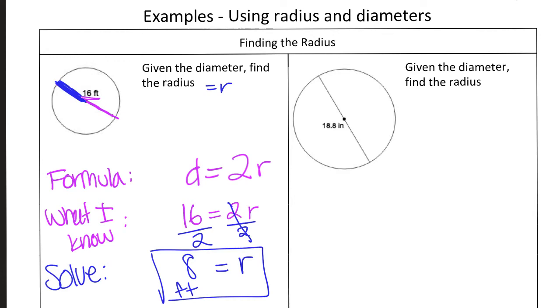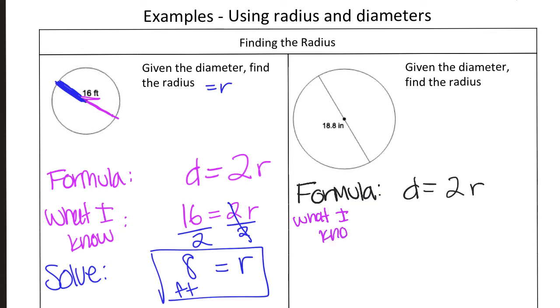Okay? So another one. I'm going to start with my formula. The diameter is twice the radius. Then I'm going to fill in what I know. Well, right here, this is the diameter because it goes the whole way across. So instead of D, I'm going to put 18.8 equals 2 times the radius.